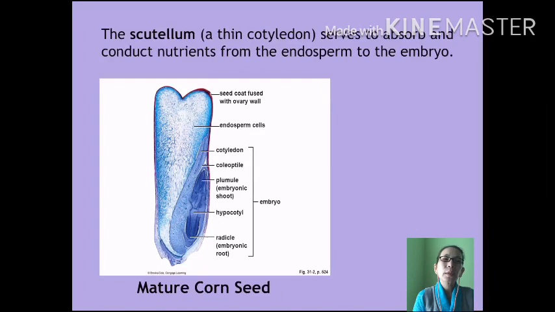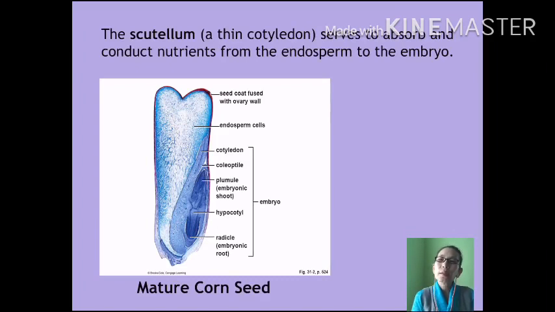So, the main differences are that the monocots have a single cotyledon known as scutellum, whereas the dicots have 2 cotyledons. The cotyledons are not involved in storage of food in the monocots, whereas in dicots the cotyledons store food.